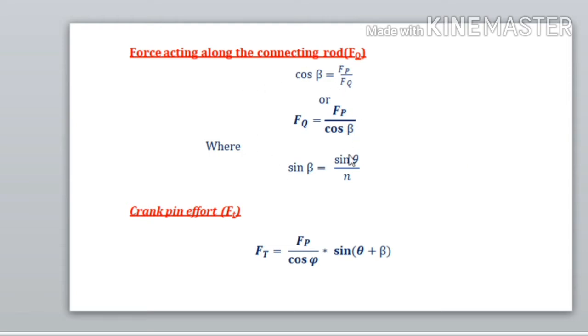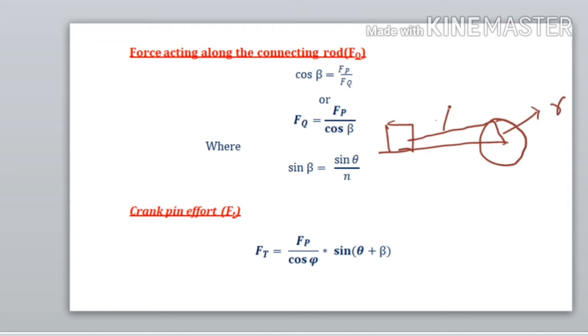Force acting on the connecting rod is equal to Fp upon cos beta. So here what is beta? Let us again draw the figure. It's your piston area. I am drawing a reciprocating part. It is your R. It is the length of the connecting rod. This angle is theta, and this angle is beta.